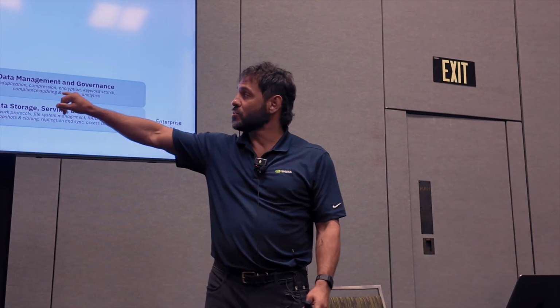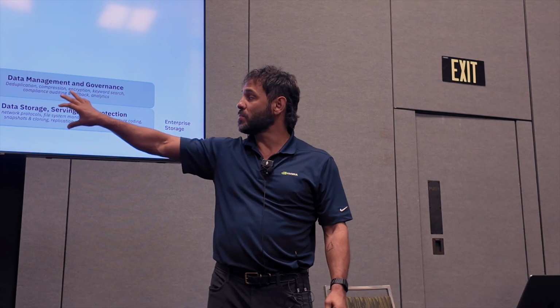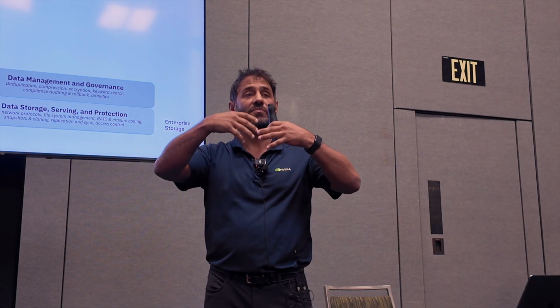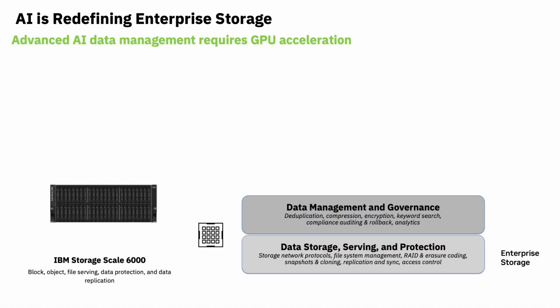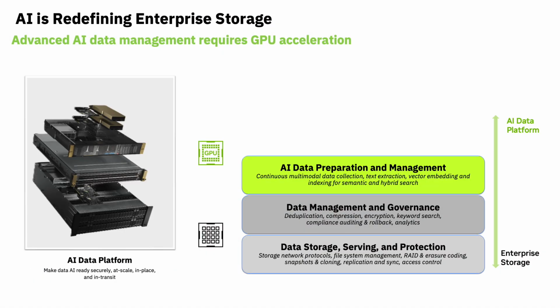So in your storage, you started seeing things like deduplication, compression, etc. These are beyond the basic capabilities of protecting and serving the data. So you can really view CAS and what we're talking about today as a logical evolution of this trend that started 20 years ago.